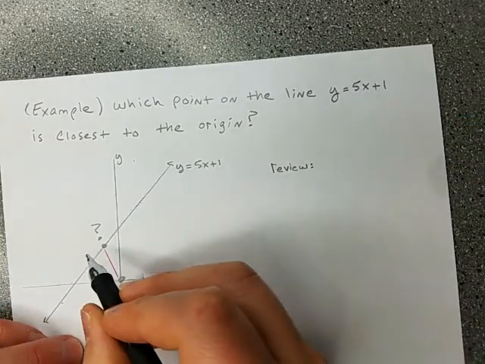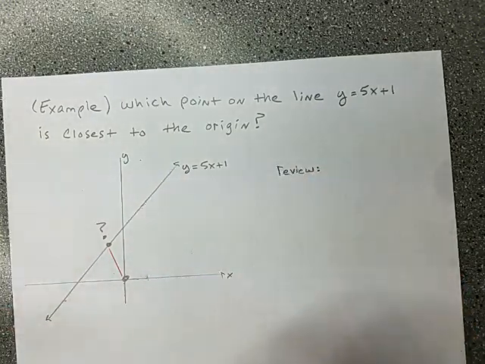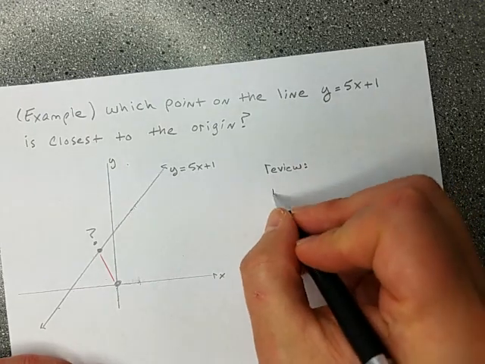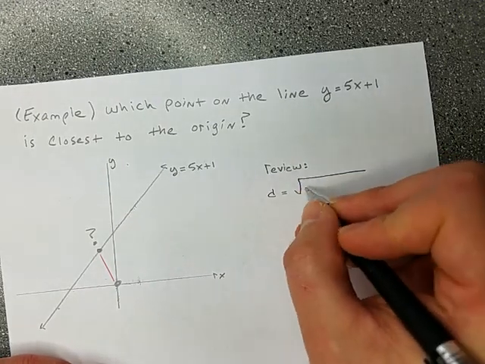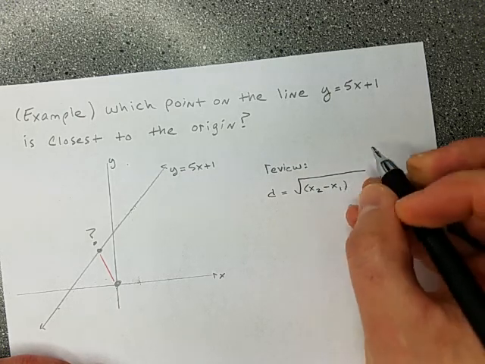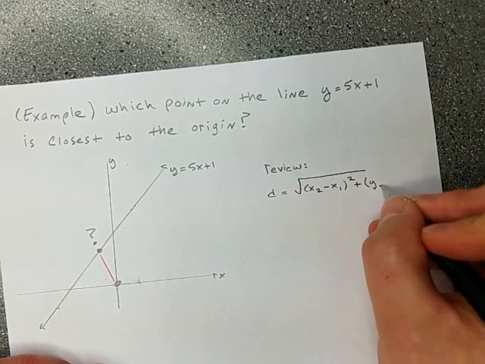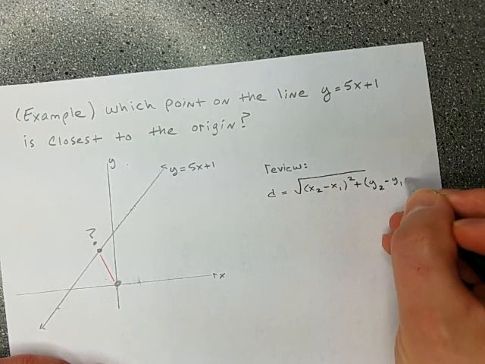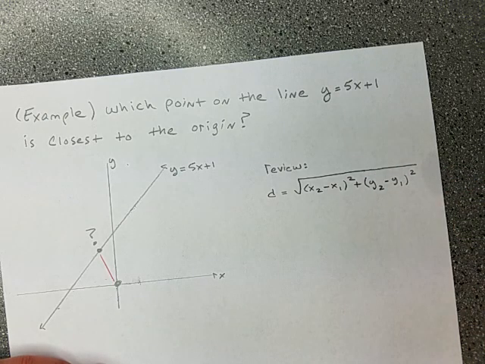How do you find the distance between 2 points on, say, graph paper or on the XY plane? The distance between 2 points on the XY plane is, well, we subtract the X coordinates and we square them. We add them together with subtracting the Y coordinates, which are also squared, and then we take the square root. There's the distance formula.